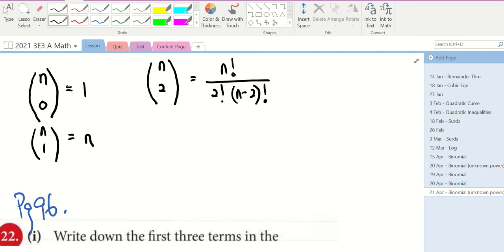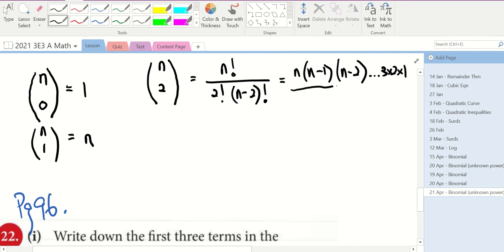Okay, but there are too many terms inside this, because this one is n, n minus 1, n minus 2, all the way to 3 times 2 times 1. Then over, you're so troublesome, 2 times 1 because it's 2 factorial. Then you have n minus 2 factorial.